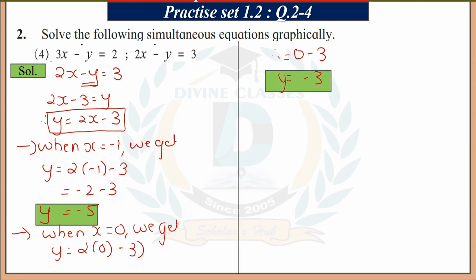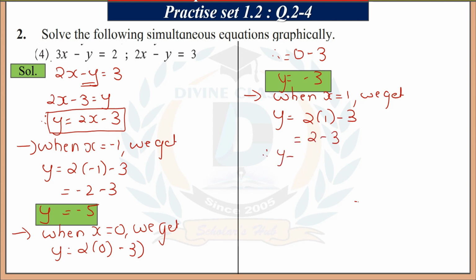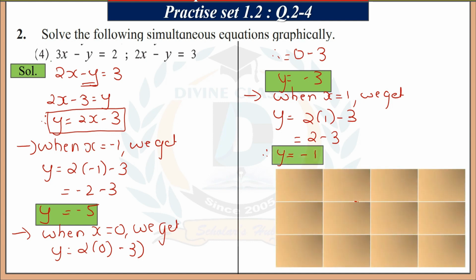Now the third value we take is 1. When x is equal to 1, we get y is equal to 2 into 1 minus 3, which is 2 minus 3, so y is minus 1.